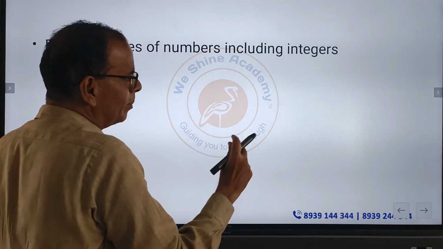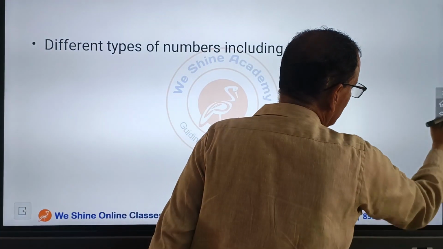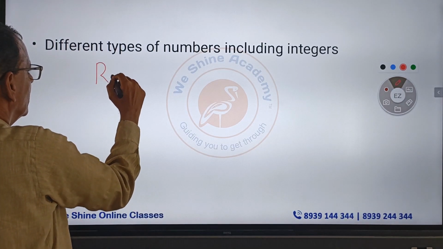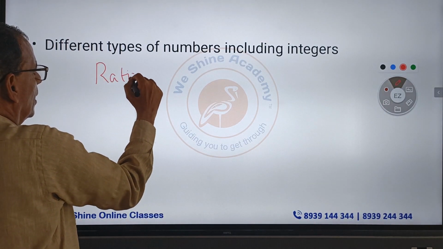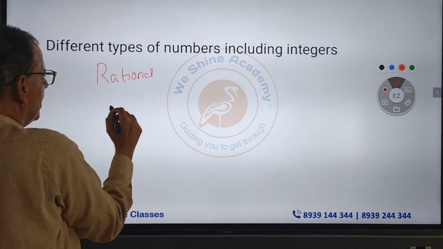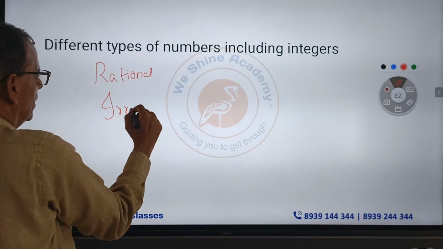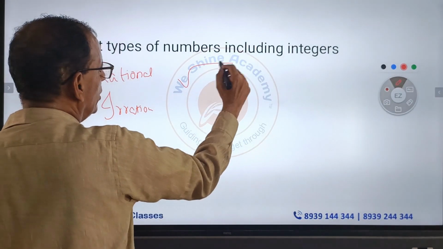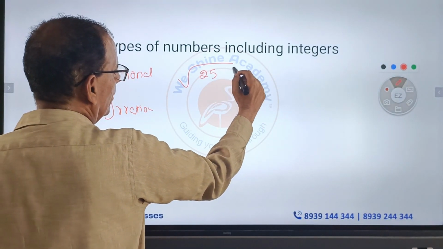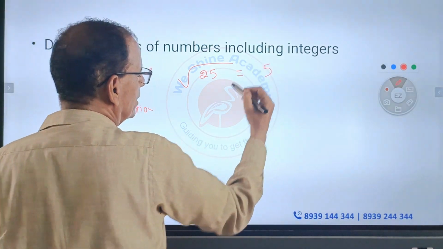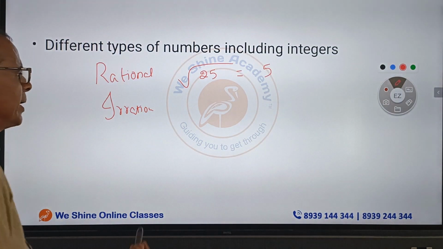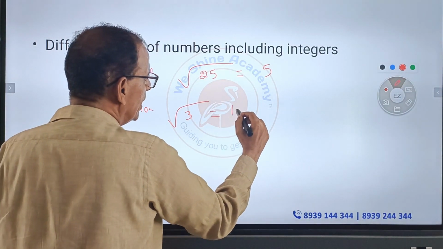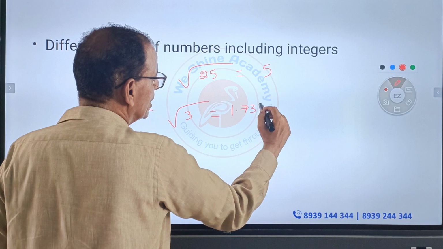அடுத்தது rational number. Next is rational number, irrational number. Square root of 25, this is equal to how much? 5. Suppose you are taking square root of 3. It will not be exactly 1.732.